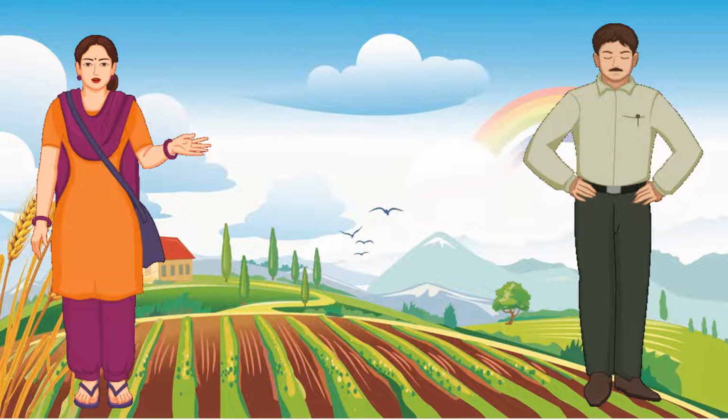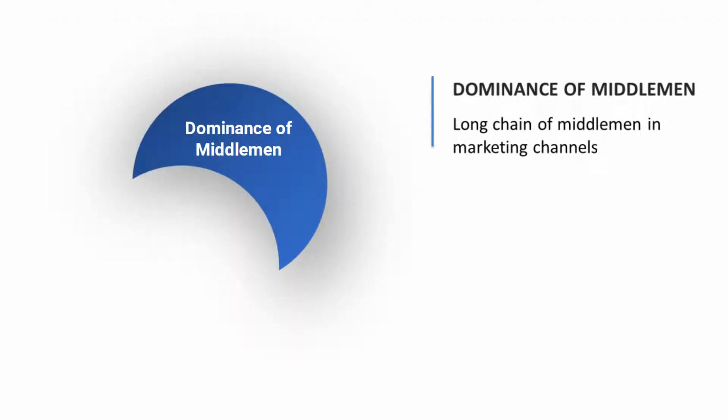The major reasons for the difference in the farm gate price and the consumer price are the long chain of middlemen that exist in the traditional marketing channels, from the Kacha Ratiya, local commission agent who procures from farmers, to the Pakka Ratiya, a commission agent on the wholesale buying side, to the wholesale buyer, to the retailer.